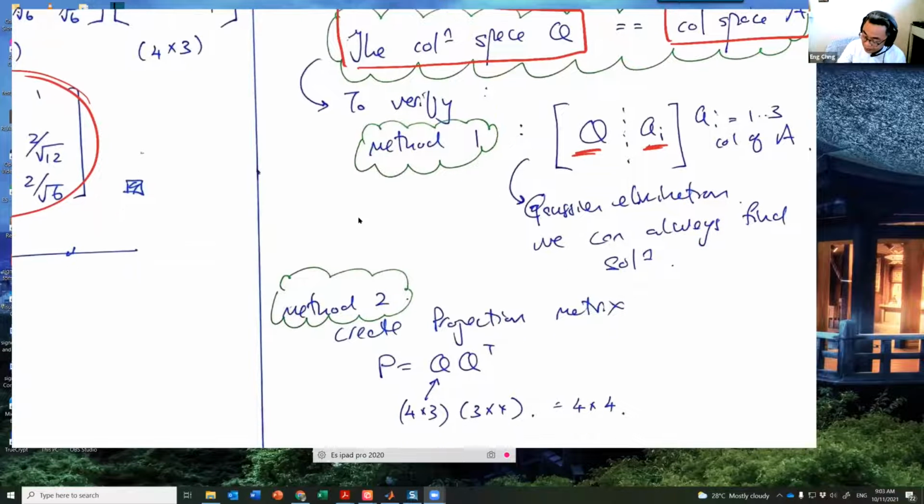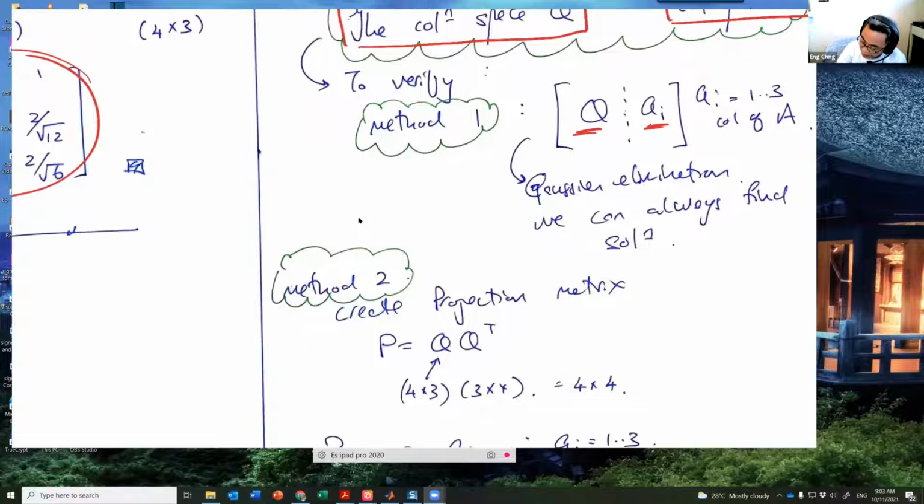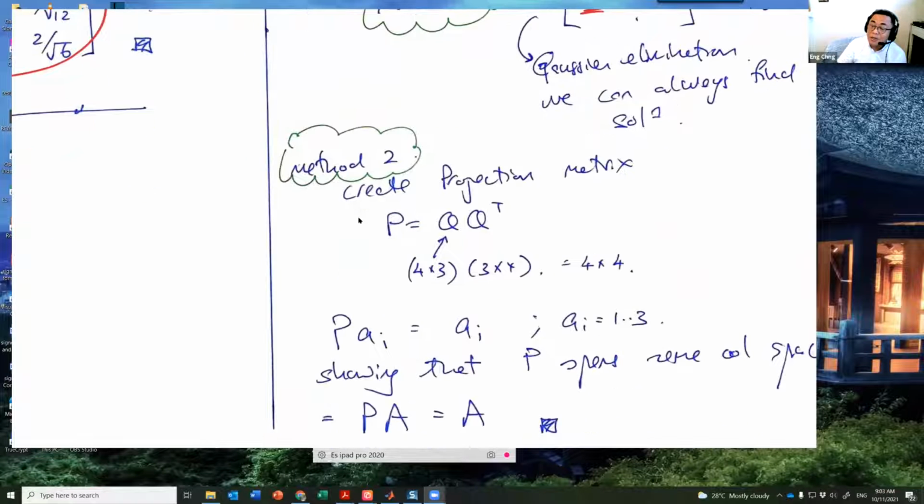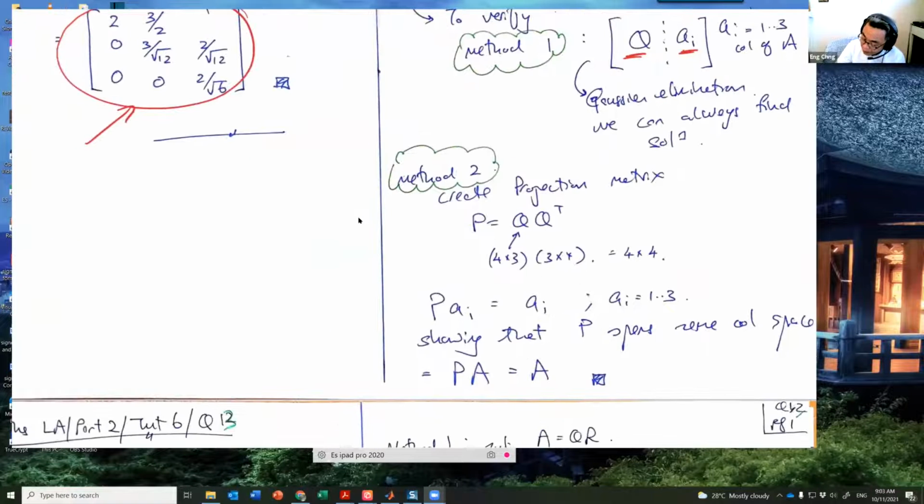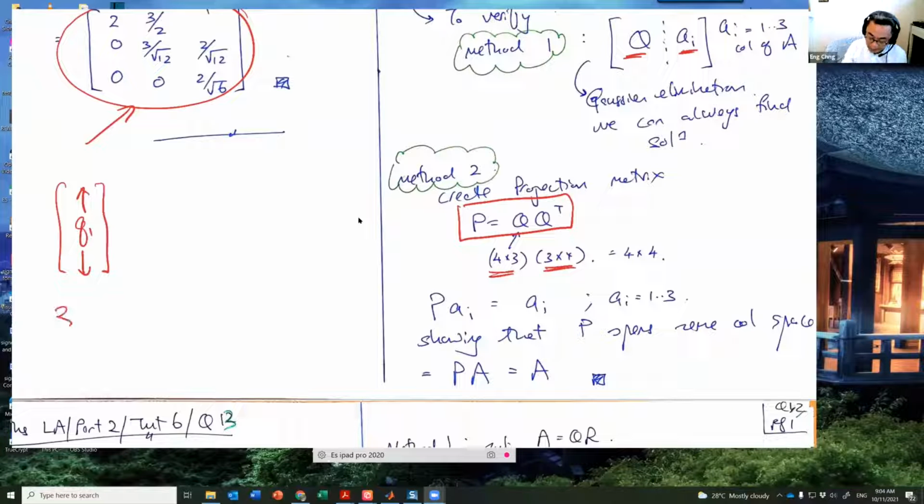The other way, which is even more interesting, is you take Q and multiply with Q transpose. Maybe you guys have not seen this yet. Let me have only a Q with one column, a 3 by 1 vector.